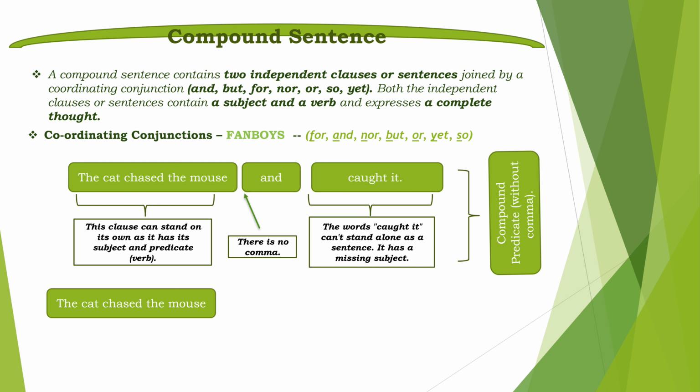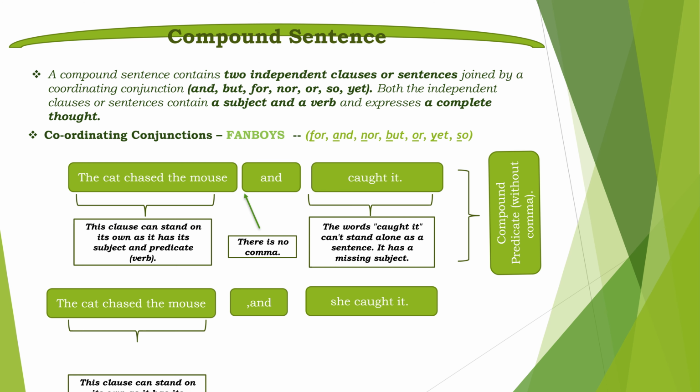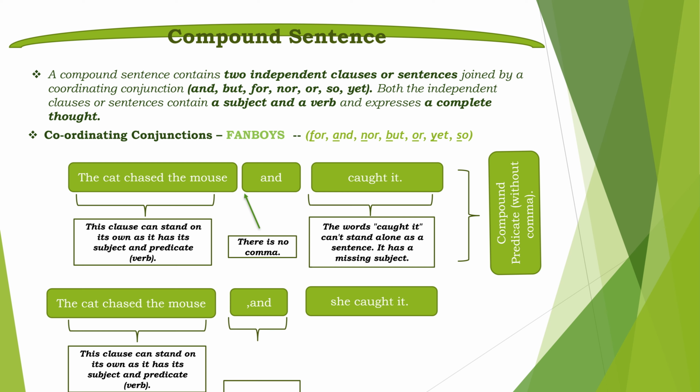The cat chased the mouse, comma, and she caught it. The first part of the sentence is an independent clause since it has its own subject and a predicate, and it gives us a complete meaning, a complete thought.